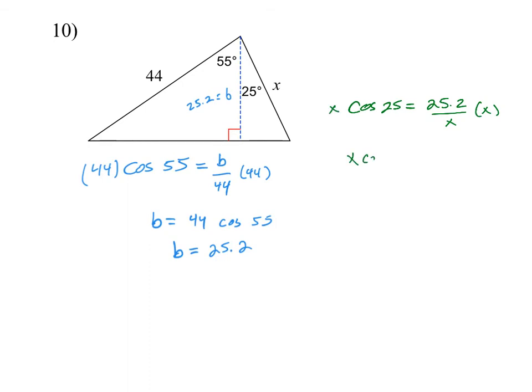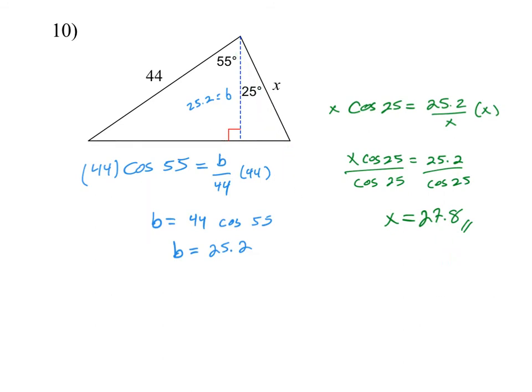So x cosine 25 equals 25.2. And I'm going to divide by cosine of 25. So x equals 27.8 units. So that means that x equals 27.8.